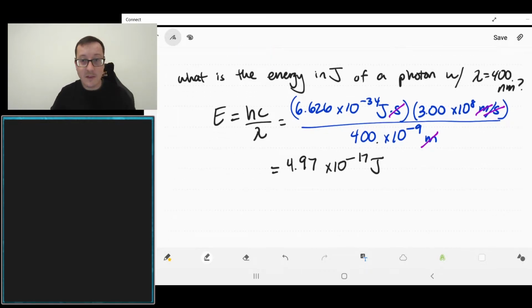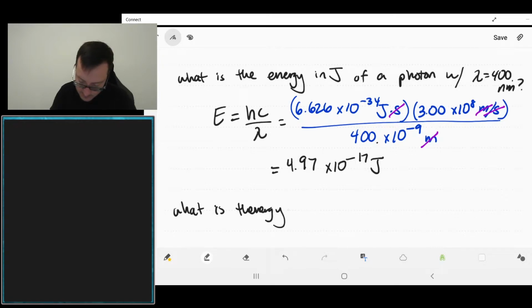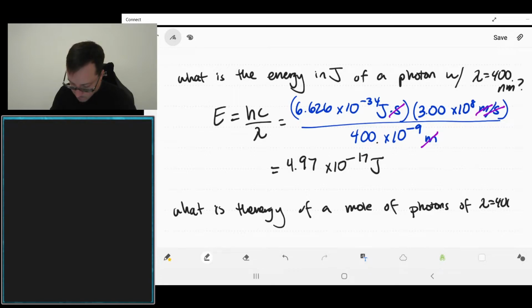Because that would be something that might be a little bit more relevant to us. So that's one photon. What is the energy of a mole of photons, 400 nanometers is their wavelength?